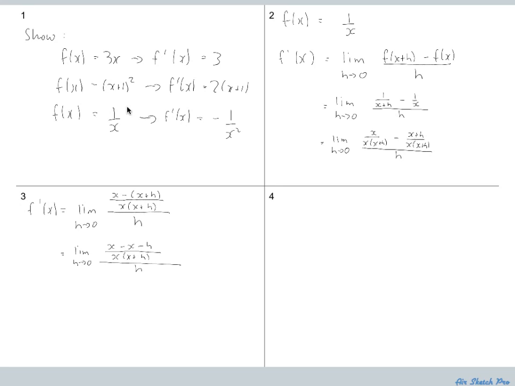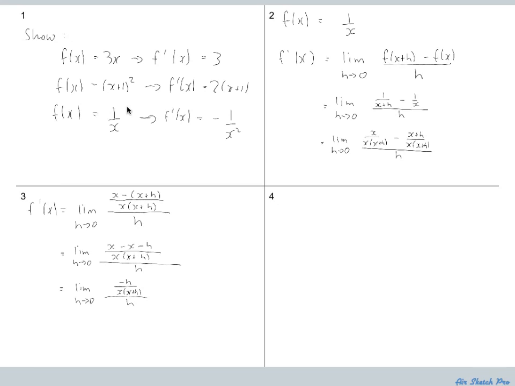And now hopefully you can see that on the top here, x minus x is 0, so I'm just left with a negative h. So the limit as h approaches 0 of negative h over x times x plus h all over h.